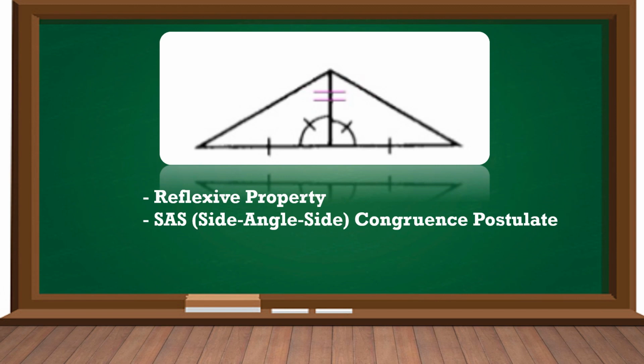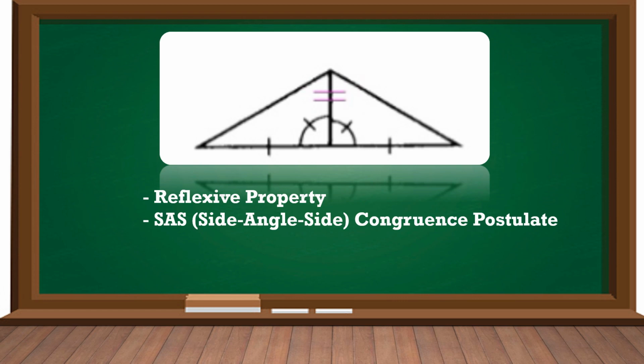The figure also says that an included angle of one triangle is congruent to the included angle of another triangle, and the two sides of one triangle and the two sides of another triangle are congruent, making the two angles included from each triangle congruent.